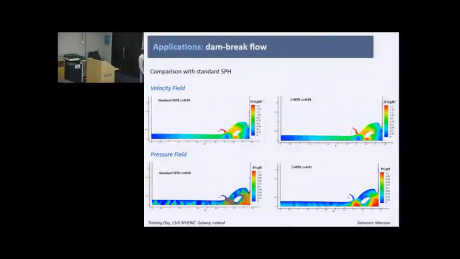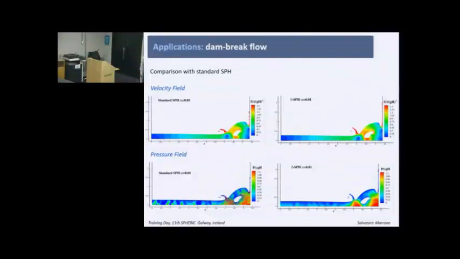So if we compare now our standard SPH scheme with the artificial viscosity to our delta scheme, we have that the velocity field is practically very similar, and this is due to the fact that we are not touching the momentum equation. It's a bit more smooth here, but as for the pressure field, the things are quite different.